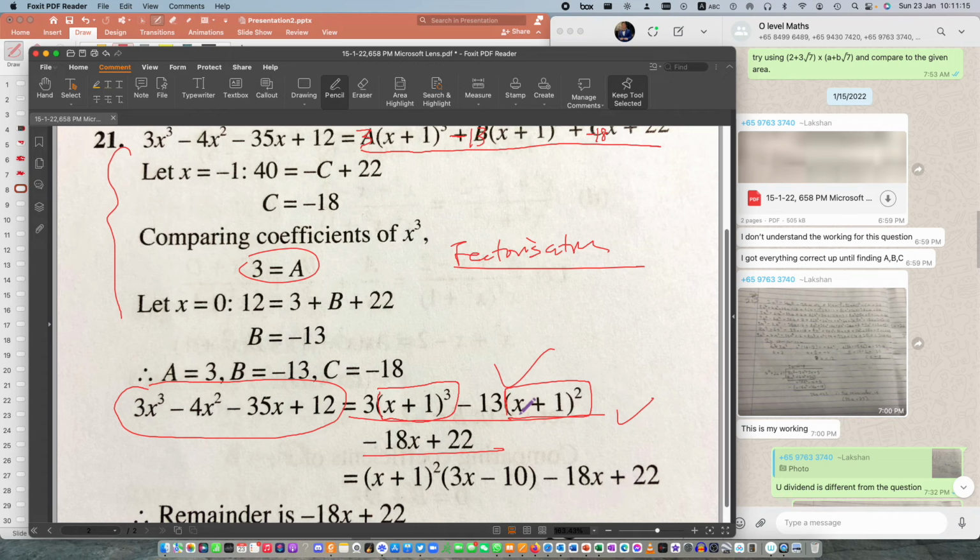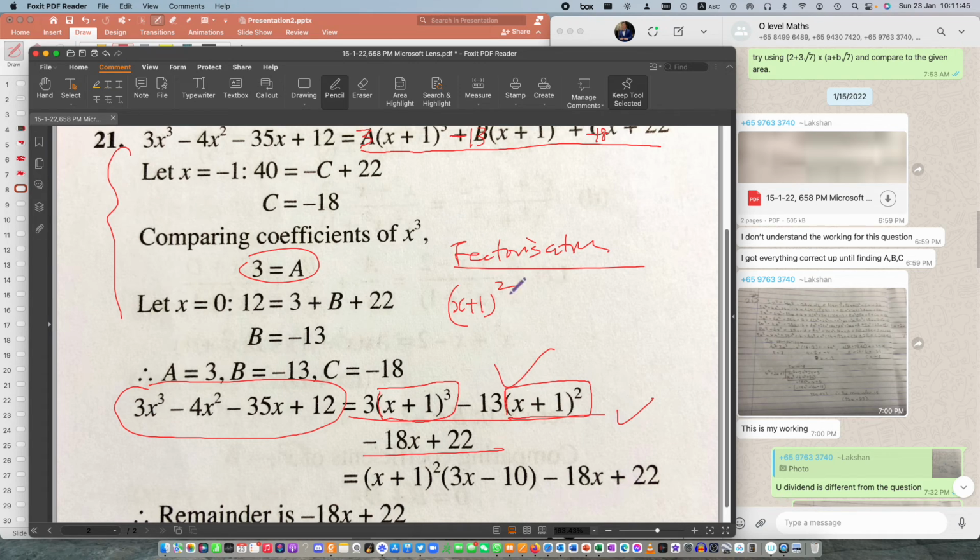Among these two terms, you can take out the x plus 1 square term, which is common, between these two terms, the rest ignore. That's why I keep telling you, if you see an opportunity to factorize, please factorize. A lot of questions you have to factorize if there is an opportunity for you to do so.